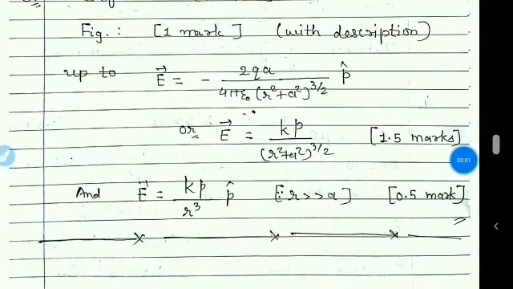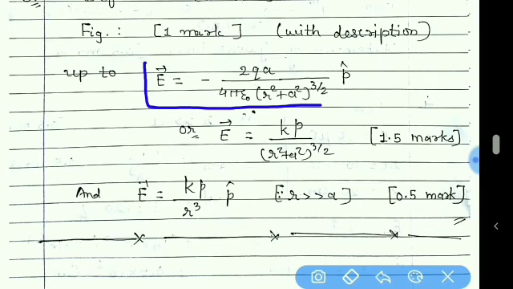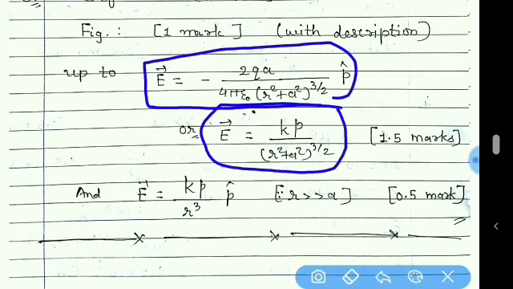Now starting the mathematical steps, if you reach till this formula or this formula, then you can expect 1.5 marks. Remember that it should be in vector form. You can see here electric field is in a vector form, and so here also the direction is given as p cap.